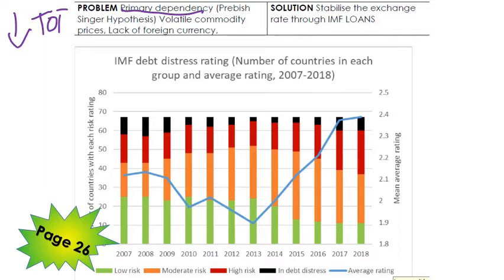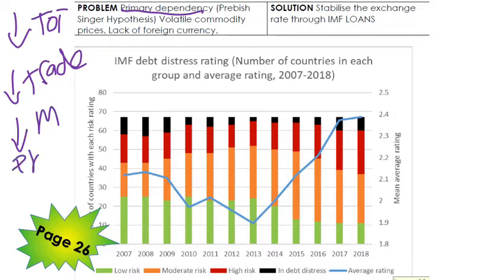It's also linked to a lack of foreign currency in terms of the ability to take part in trade, and a lack of foreign currency would also affect the ability to import physical capital. So you have a constraint on economic development in the country.